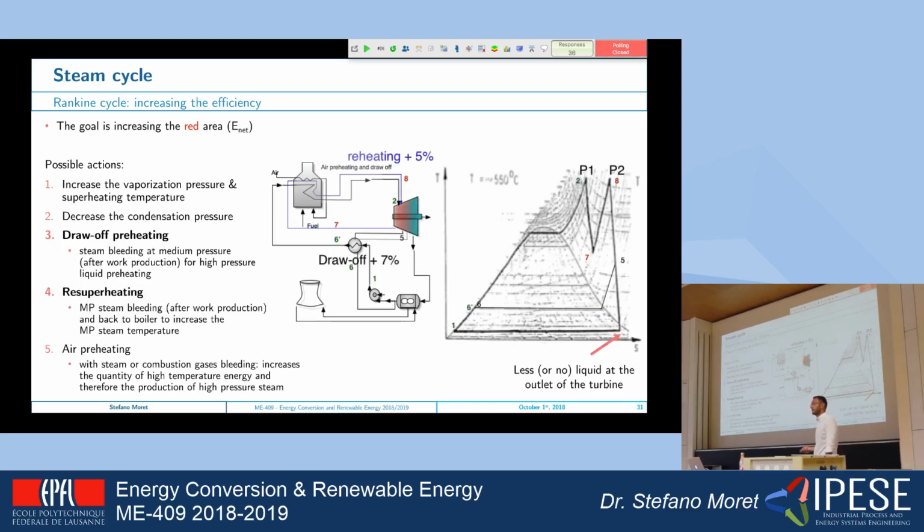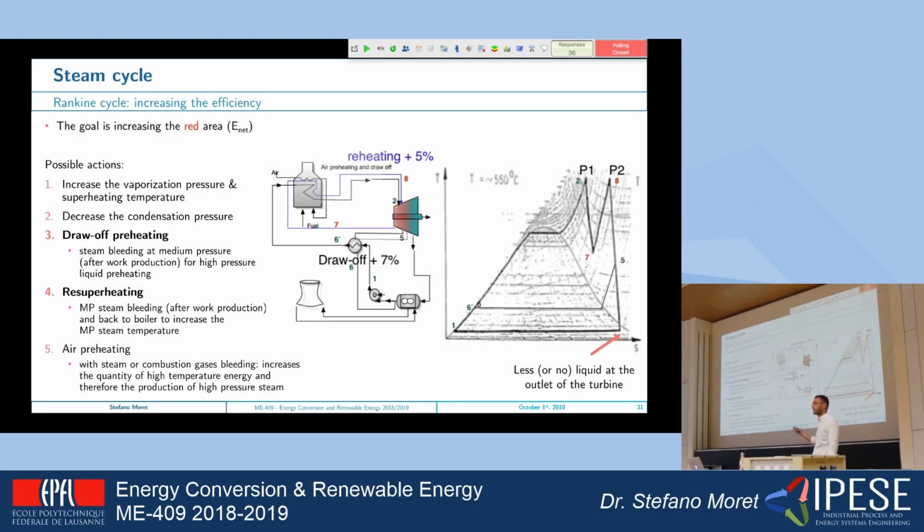Additionally, what is normally done in cycles is superheating multiple times the liquid, which means you have an expansion in the turbine, then you exit from the turbine, you go back into the steam generator in the boiler, and you use again the heat from the boiler to superheat the fluid again.